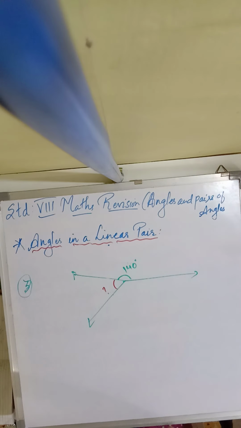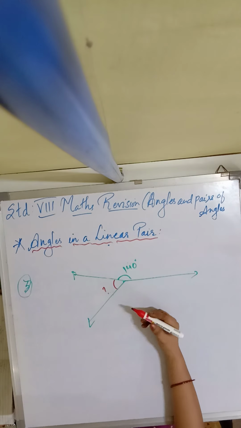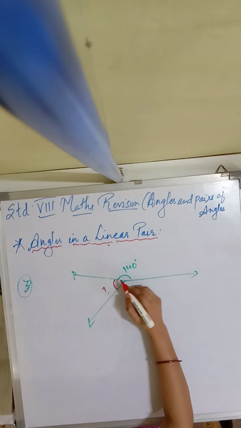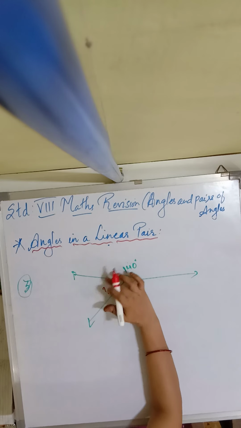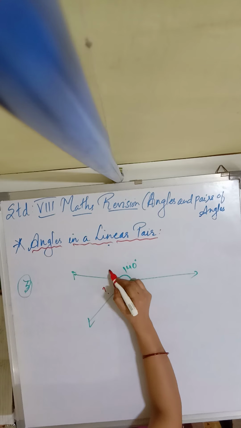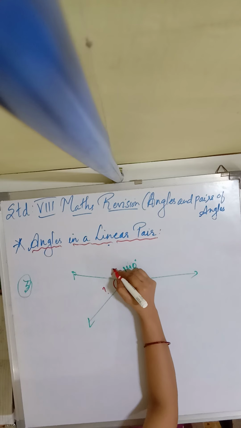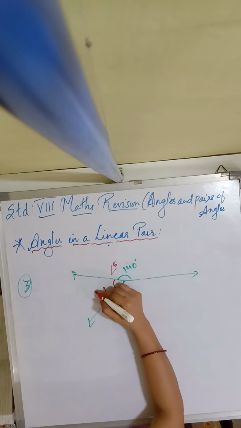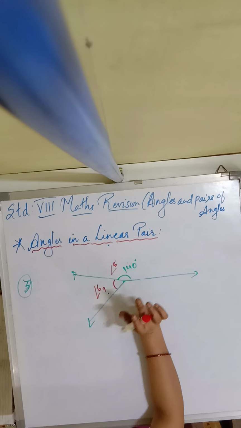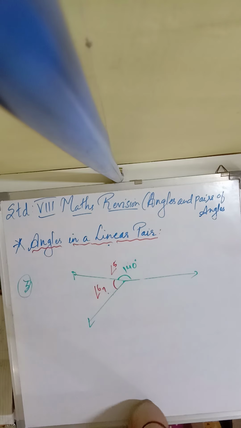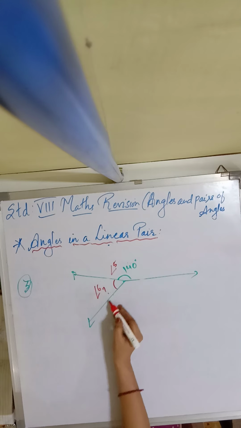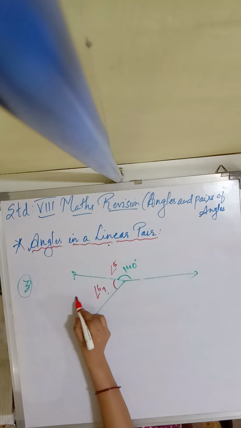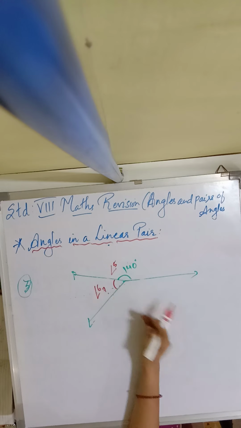No, it's not forming a linear pair. See why? Because this arm is common, but between both these angles, if I give the names angle 5 and angle 6, this arm is there, but what about the second arm? Is it forming a straight line? It should be here, this way, right?